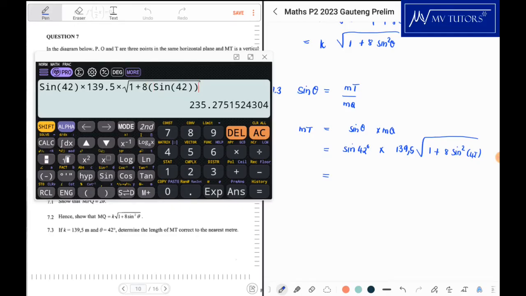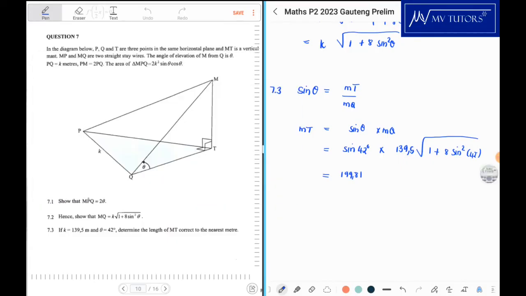Just be careful when you're dealing with sine squared or any of the trigonometric expressions squared, okay? And so we have 199,81 meters, but they said to the nearest meter, so it'll be 200 meters.